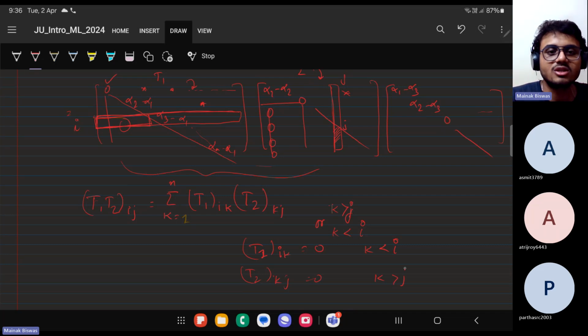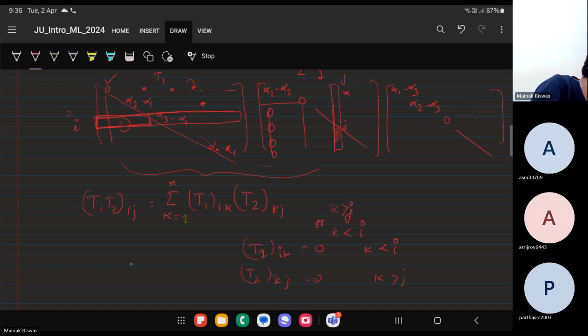So only which terms are you left with? Between i and j, right? Is it okay? This is equal to summation of k equal to i to j, yes or no?